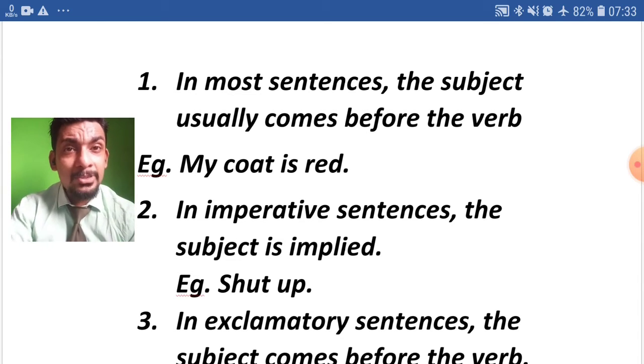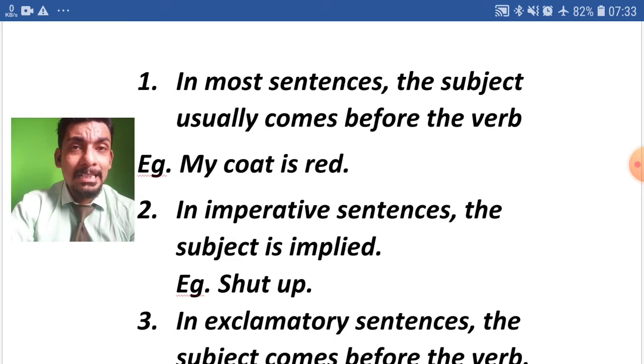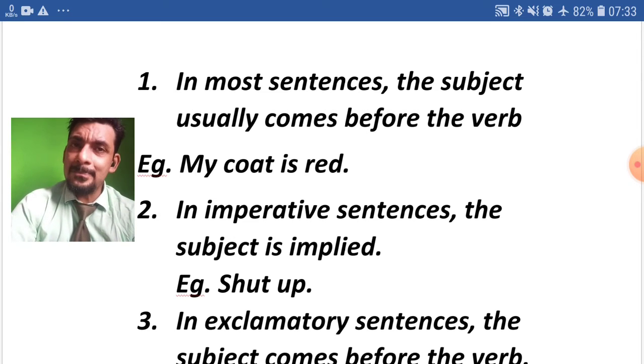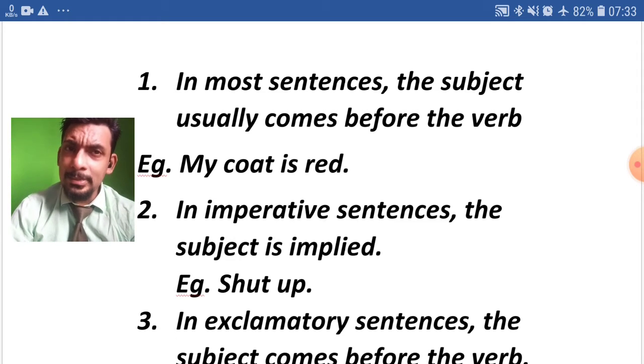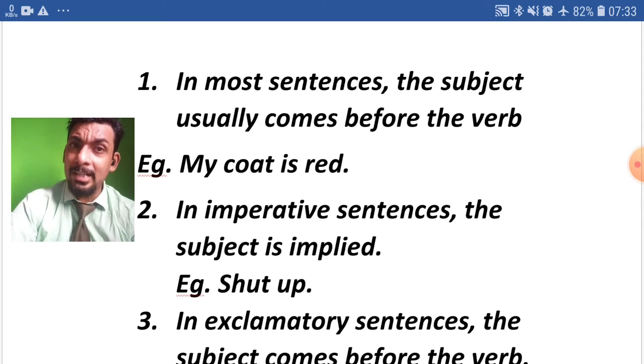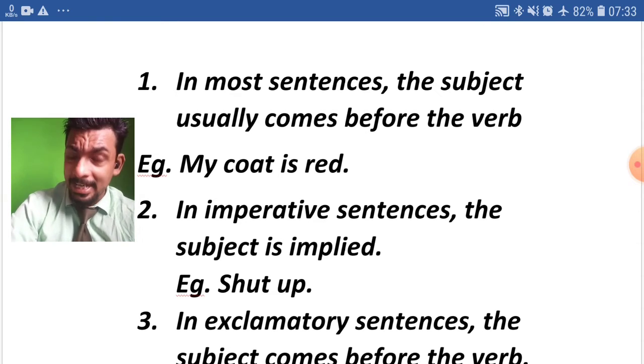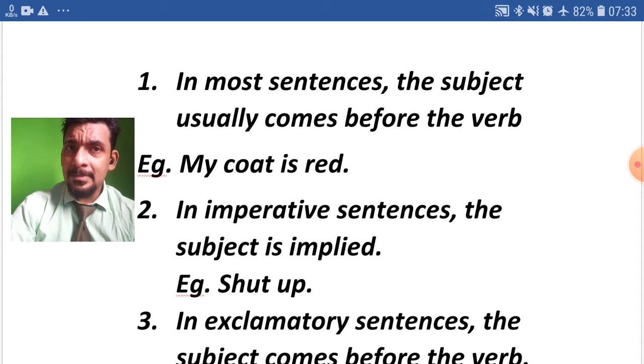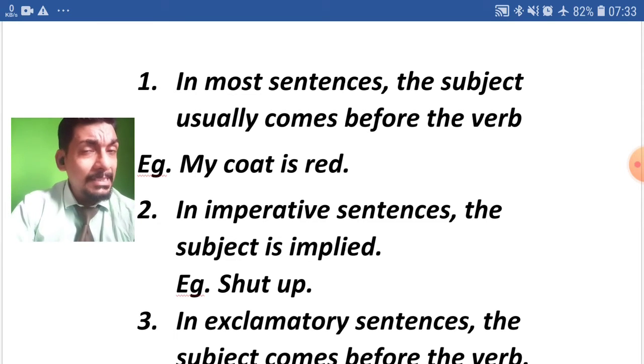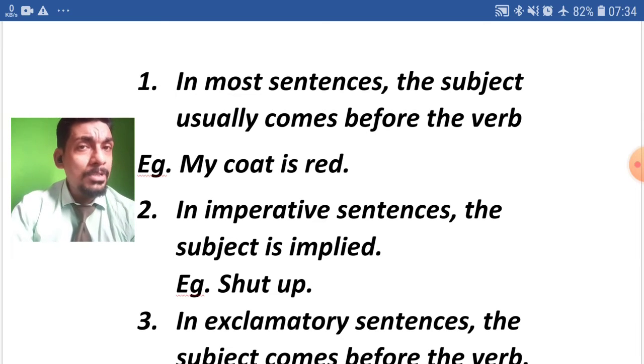And that same structure has been discussed in rule number 1. Now, if you look at the example carefully, where I have written, my coat is red. Now, in this sentence, my dear students, we all know that my coat is the subject.